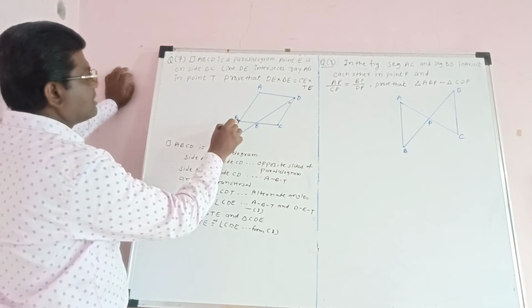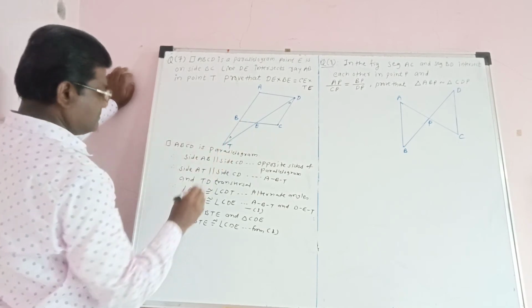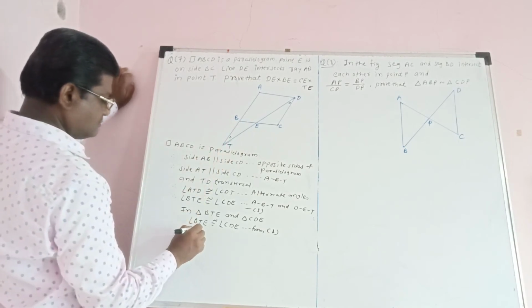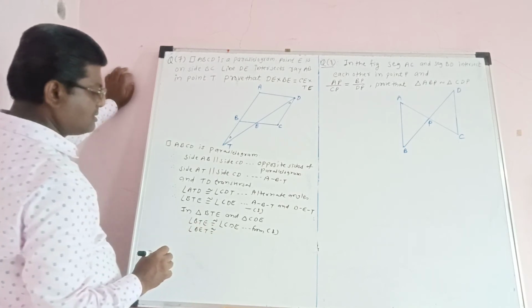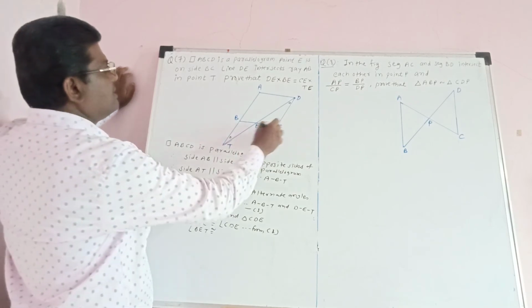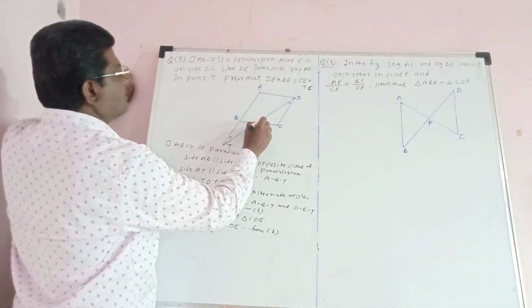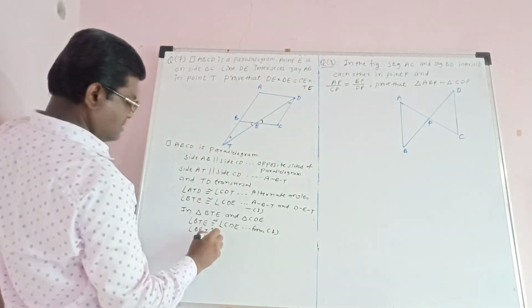Now angle BET is congruent to angle CED, this angle and this angle.